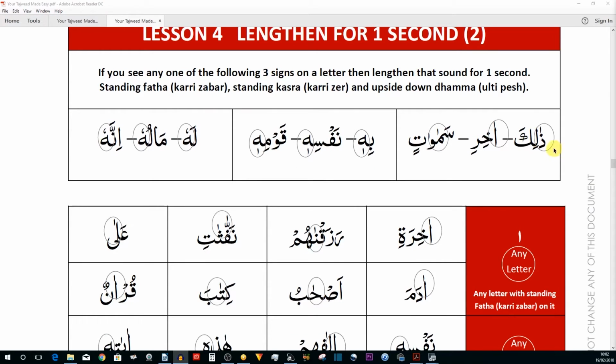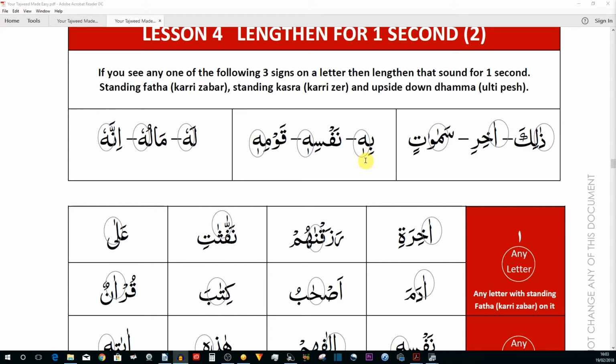Okay, and you can see it's written like a dagger, you know, the alif, some people call it dagger alif. So dal, and you have a dagger alif or kharazabar or standing fatha. So this is pronounced with 2 beats, the same as if it would be dal fatha alif. Okay, so in the kasra part you have this sign, which is another dagger alif, but it's written at the bottom of a letter.